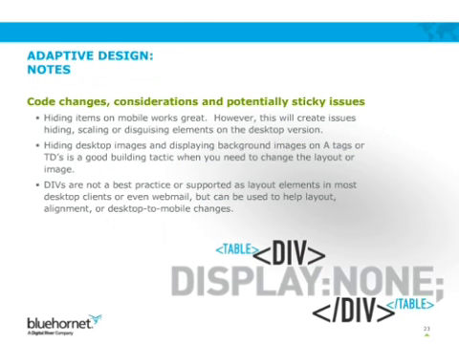Adaptive or responsive design, my notes are that we can hide things on the mobile version, and that tends to work really great. However, the hiding, scaling, or disguising elements on the desktop version is not necessarily consistent or doesn't work very well. So I've tried to limit.